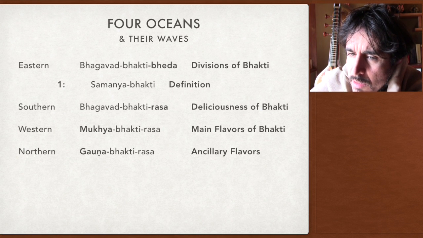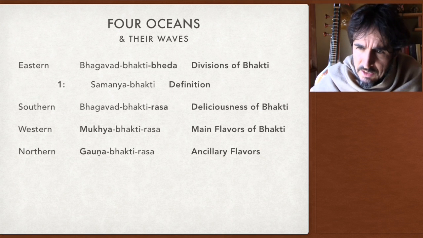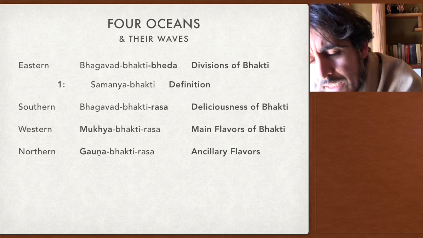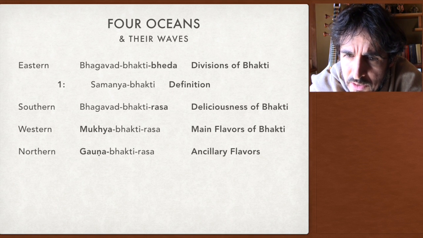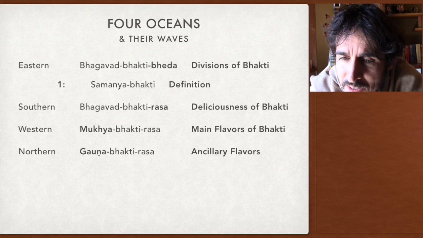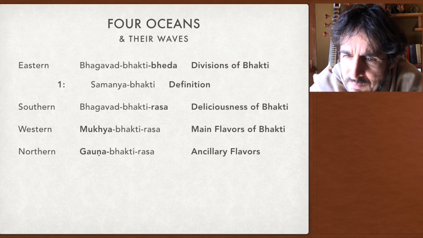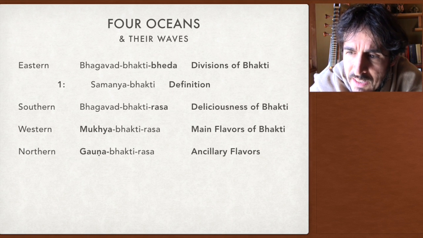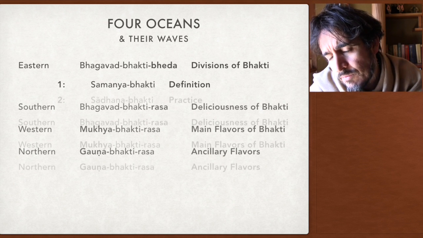So here he's not going to be speaking about any specific type of Bhakti or stage of Bhakti, but the general definitions and characters that apply to all the stages. So basically, the first wave, the first chapter of the first section of Bhakti Rasamrita Sindhu gives the definition of Bhakti itself and talks about Bhakti itself. Not in any specific stage, but overall, samanya, in total.